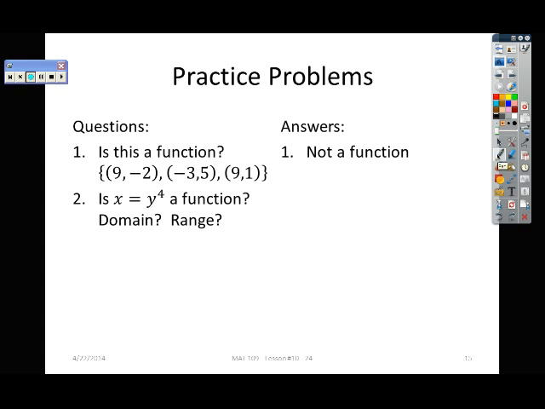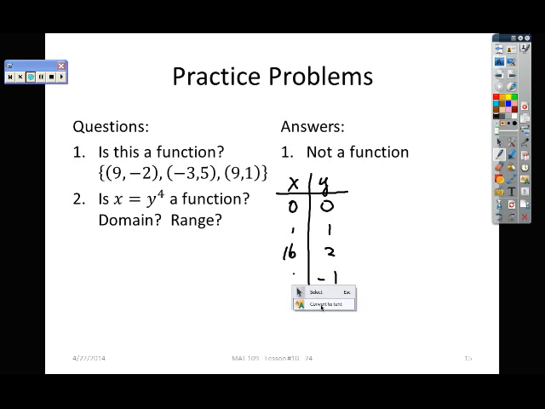So it's easier to do a graph if we calculate y's, or select y's and calculate x's. So if I select 0, I'll get 0. If I select 1, I'll get 1. If I select 2, I'll get 16. If I select -1, I'll get 1. Select -2.